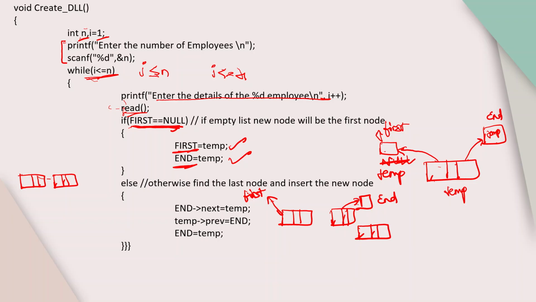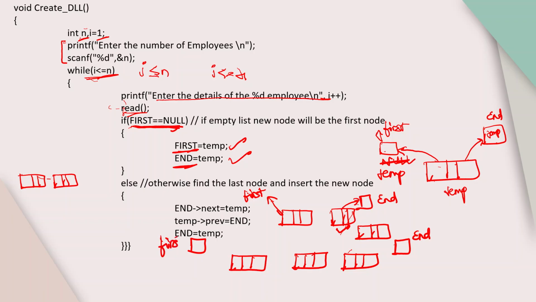That means wherever the end of next, previously the end was here. Let me draw it neatly to show you. Like this, I'll draw 3 nodes, and this is end, and this is first.